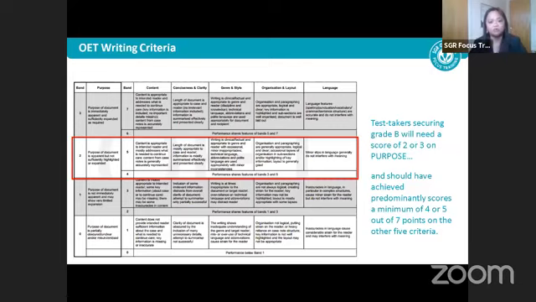What's most important is that you understand how you are being assessed and you're keeping that in mind. And with the OET writing, always keep the reader in mind. Make sure that your letter is written towards the person that will be reading your letter.